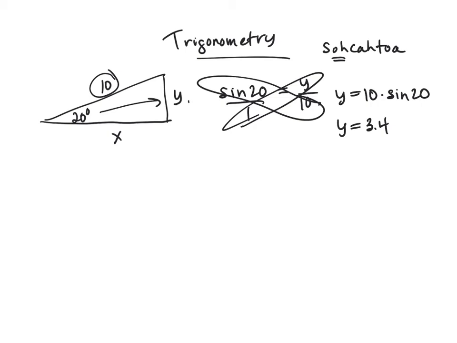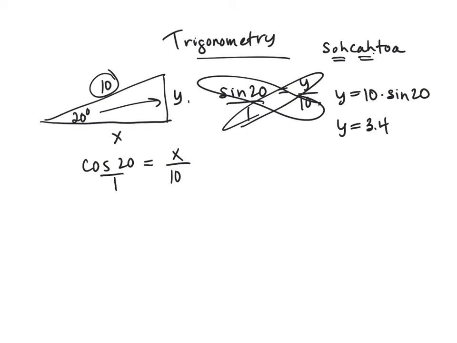If I want to find x, I look at the 20 degrees, and in relation to the 20, x is next to it. It's the adjacent side. And again, 10 is the hypotenuse, so I'm looking at adjacent and hypotenuse. And adjacent and hypotenuse are the C, cosine. So I see that the cosine of 20 is equal to the adjacent, x, over the hypotenuse, which is 10.